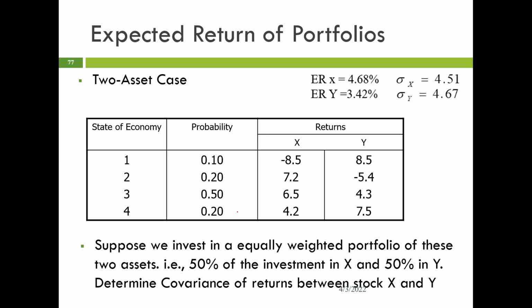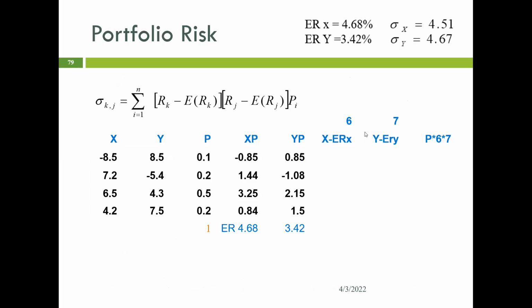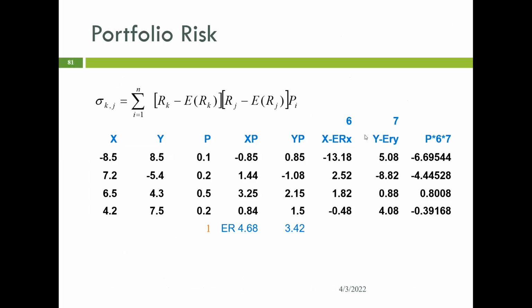Now we are constructing a portfolio equally investing in X and Y. So we calculated the portfolio expected return. And also we calculated the covariance of the two stocks' returns, which was minus 10.73.